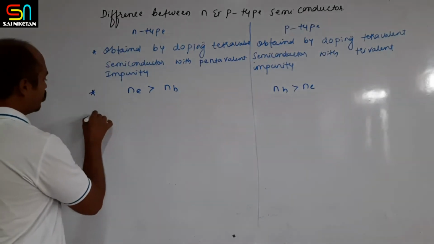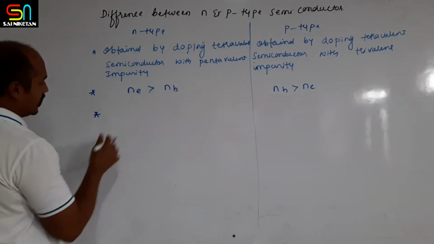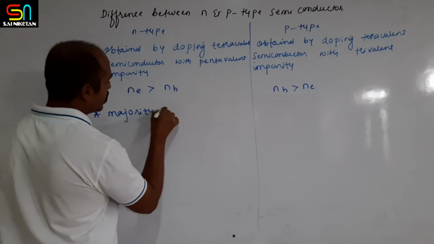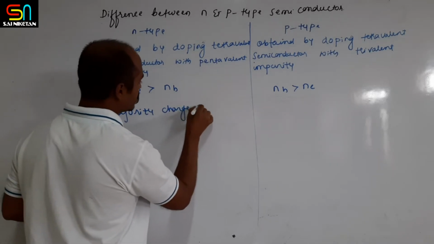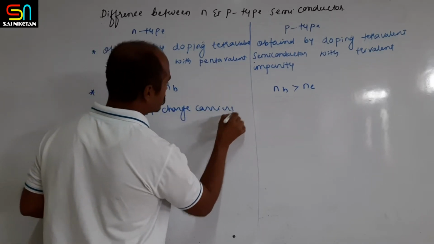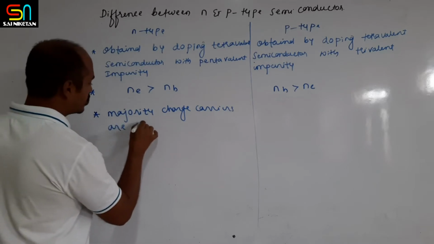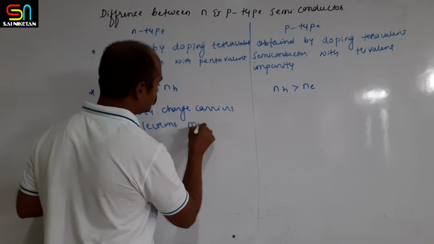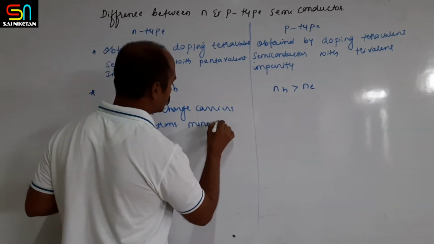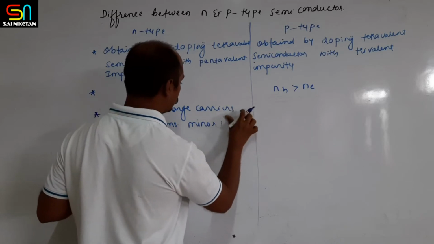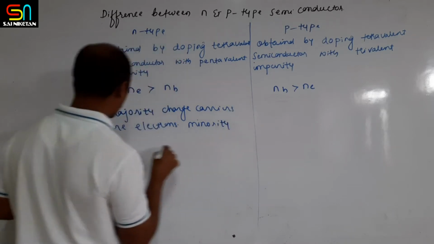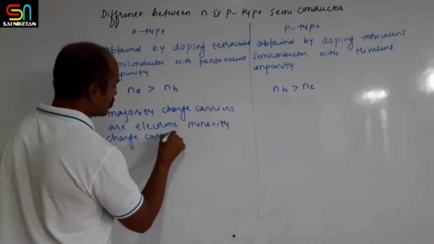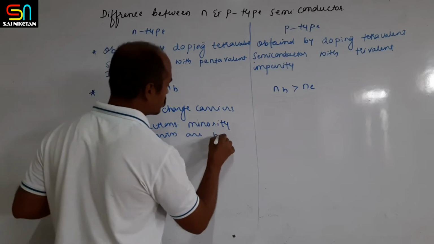And one more point for this: majority charge carriers are electrons, and minority charge carriers are holes.